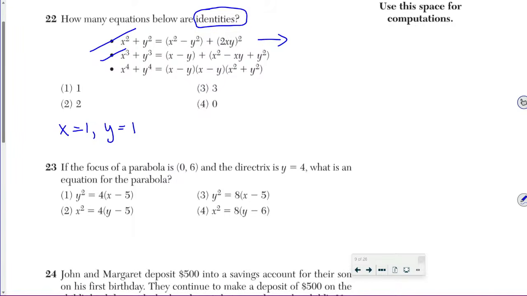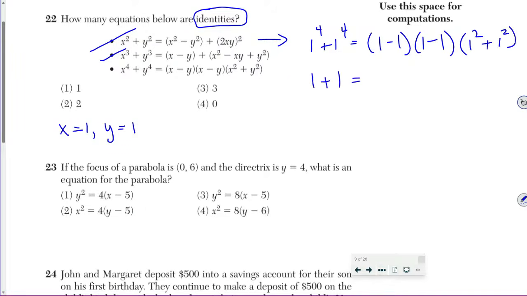So last one. x to the fourth plus y to the fourth. So we have 1 to the fourth plus 1 to the fourth equals 1 minus 1 times 1 minus 1 times 1 squared plus 1 squared. 1 to the fourth is 1, 1 to the fourth is 1, 1 minus 1 is 0, 1 minus 1 is 0, 1 squared is 1 plus 1. So 2 is equal to 0 times 2.